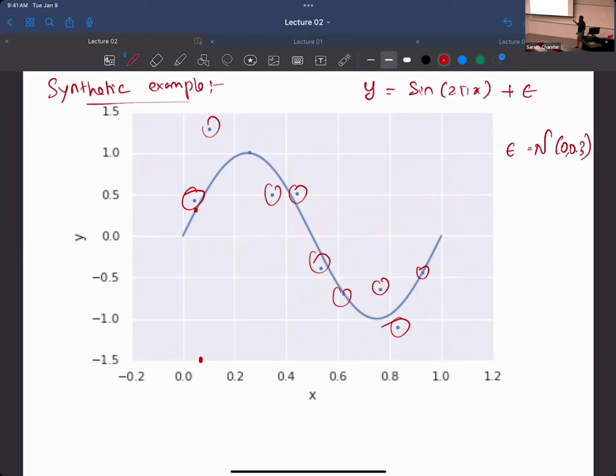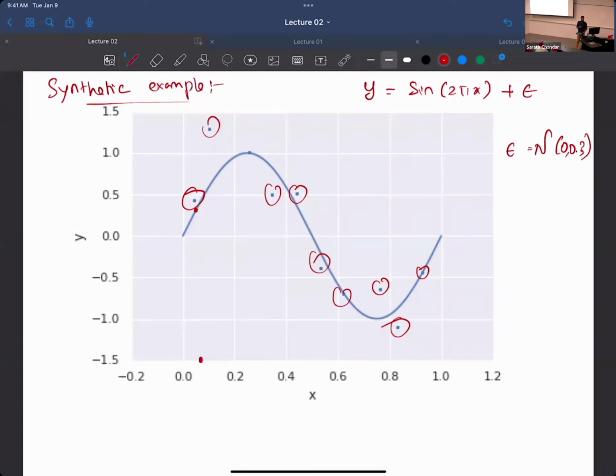But in this case, because I created this example, I know that the best possible function that I could find is basically the sine function. Is that clear? Okay, so this is my problem. I want to come up with a regression model which given x is going to predict y.